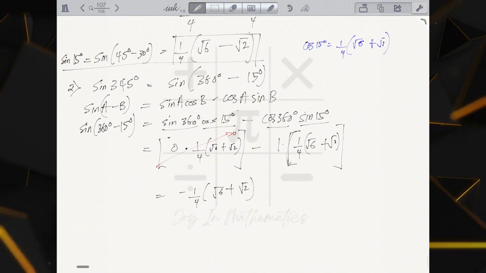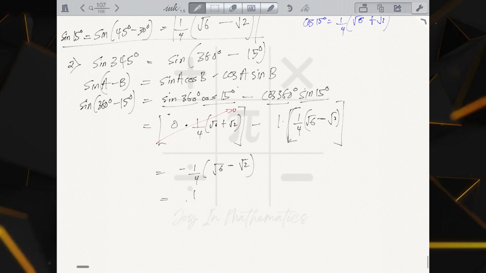Okay, sine 15 degrees is root 6 minus 2, not plus 2. So this is minus 2. So this is changed into negative 2. So we can choose to open the brackets and we say 1 over 4 into root 6 plus root 2, or as the case may be, and we can choose to leave our answer in this format.